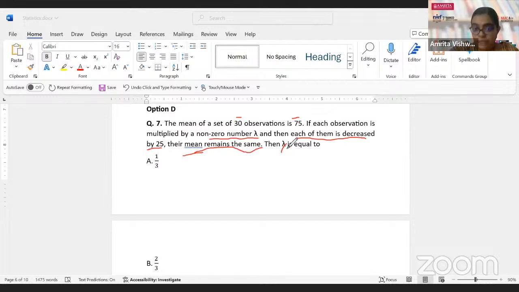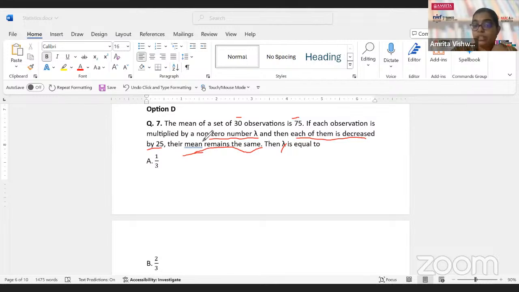So it starts with the mean of a set of 30 observations is 75. So totally there are 30 observations, and their mean value is given as 75. The very regular question. I'll get the total number of observations and everything from this. But there are two conditions: each observation starting from x1, x2, x3 up to x30, I am multiplying it with a value.